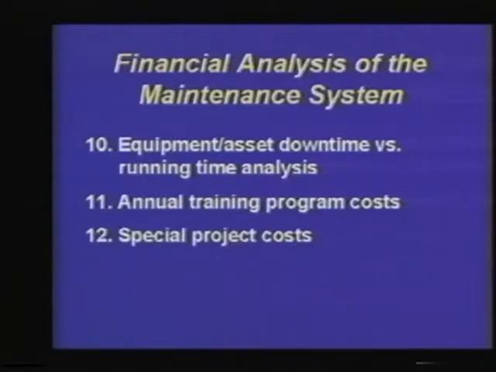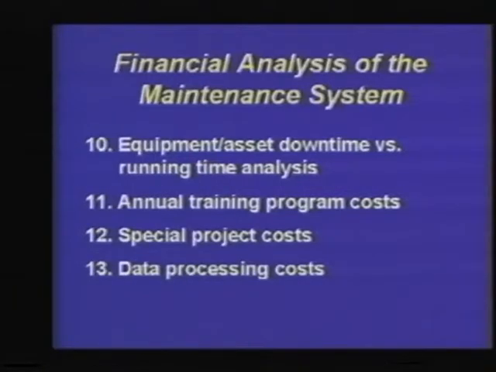Then we would get into item 12, which would be special project costs, and 13 would be the different data processing costs. And when I say different, I'm talking the cost of hardware, the cost of software, and the cost to upgrade, where upgrading is required in both software and hardware.